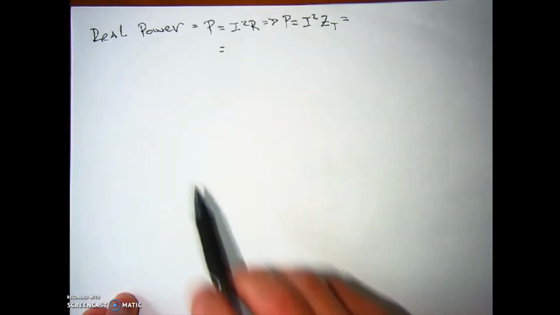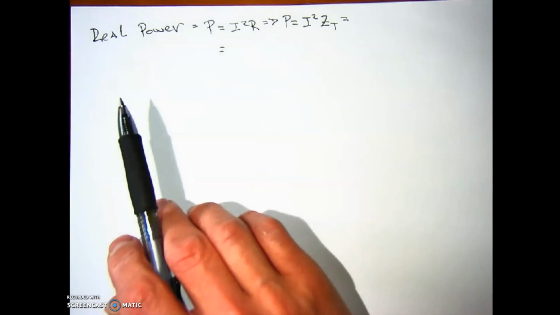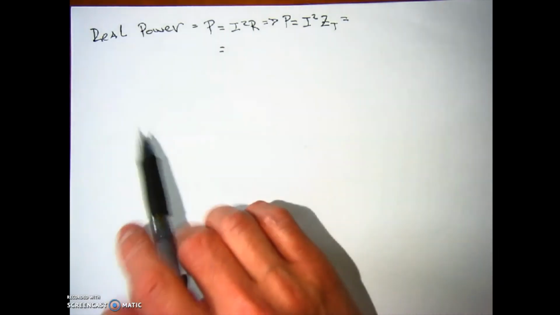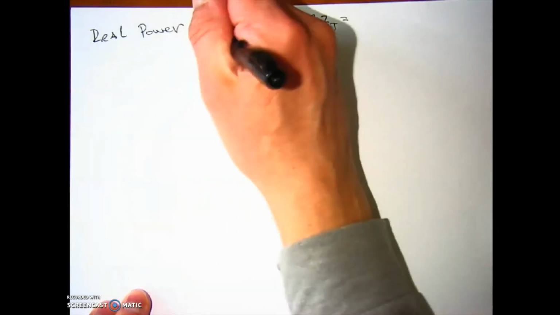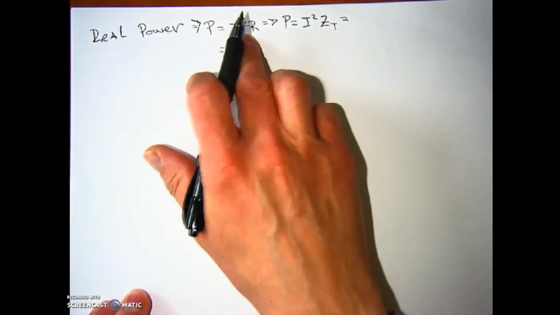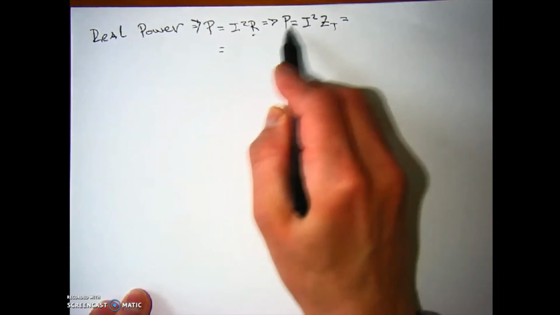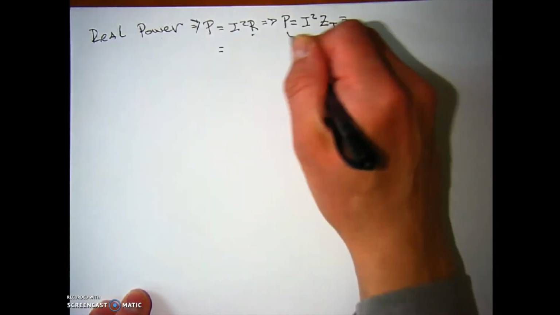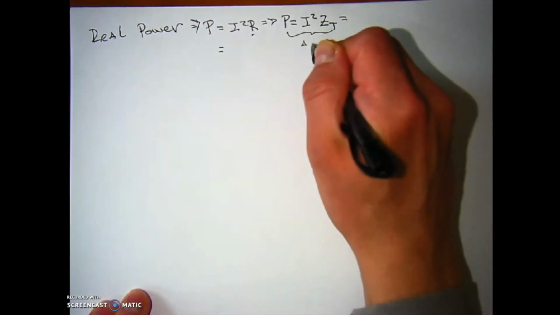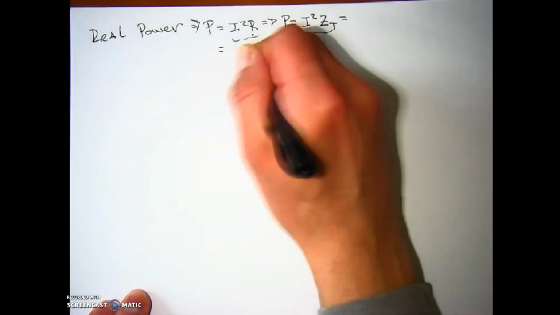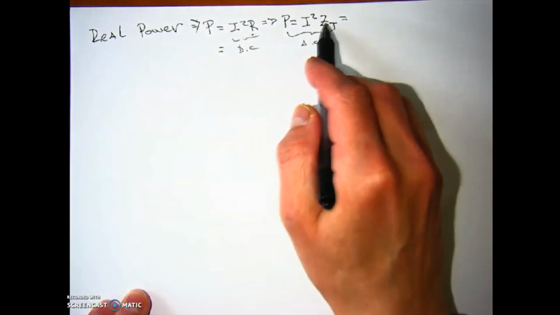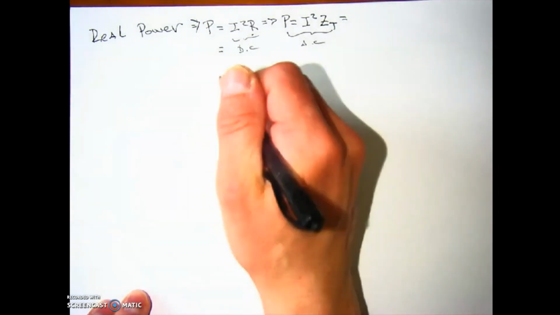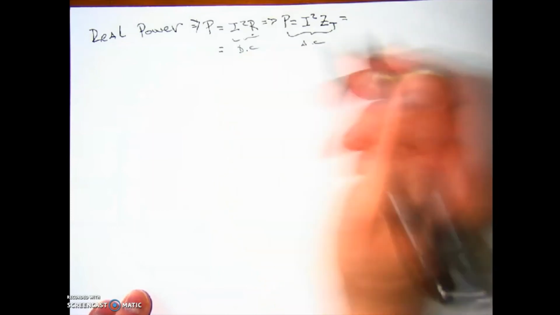So the next part I want to talk to you about is what we call real power, apparent power, and reactive power. Real power we can solve by taking P equal to I squared R. Since in this case our R is our Z total, we can actually use this equation, which is the same thing. This is for AC, and this is for DC. We can say I squared times the impedance total.